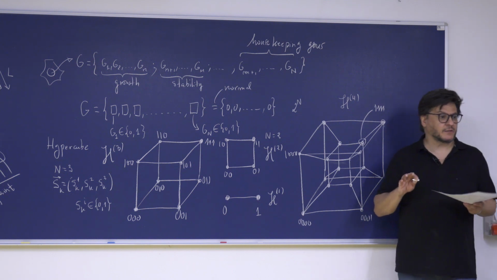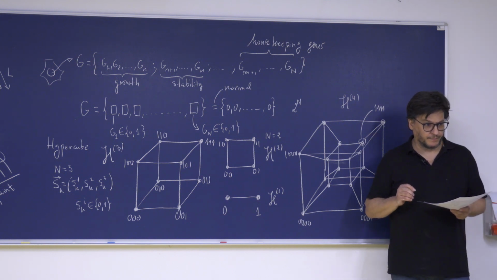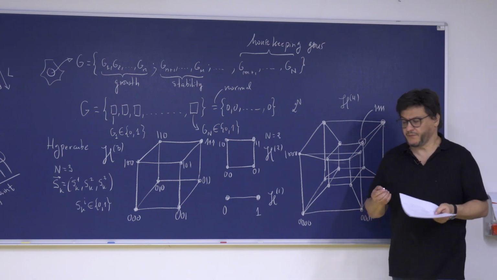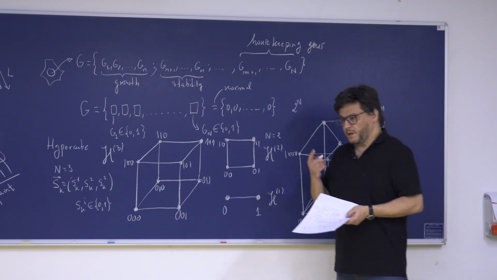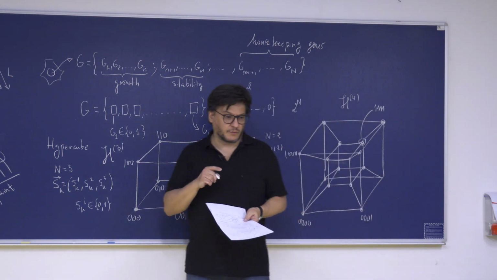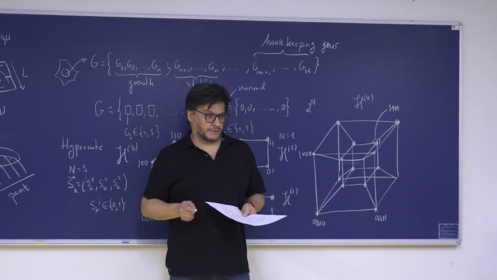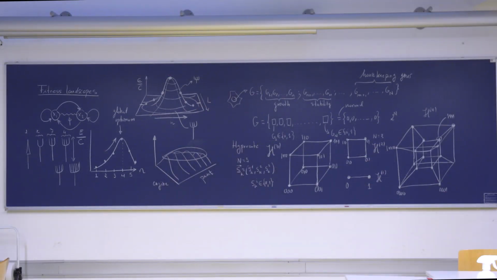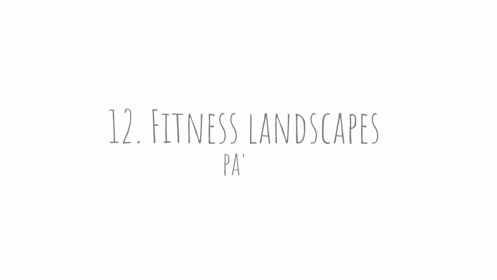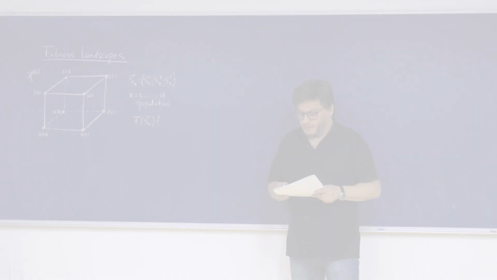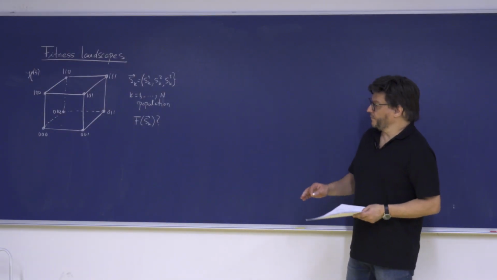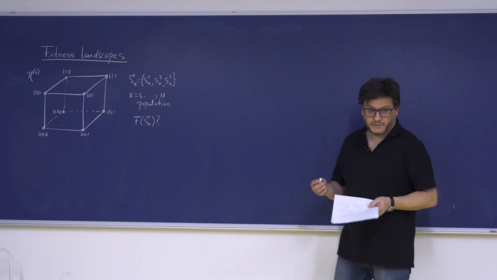Now we have a space of possible genomes. Digital genomes, very simplified. Now the question is, how can I introduce in this topological space fitness? Now we have defined our space of possible genomes, the digital genomes, an oversimplification of the real thing.